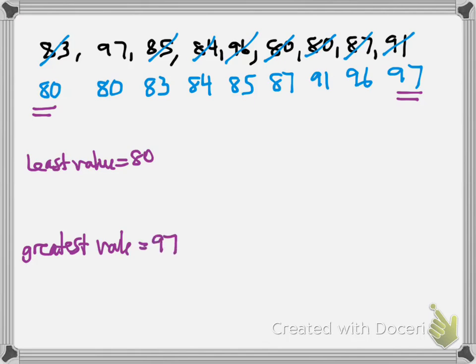Next, I'm going to find the median of the data. So how many numbers do I have? 1, 2, 3, 4, 5, 6, 7, 8, 9. Oh, 9. Not too good counting, come on. So the number that would be in the middle would be 85. Odd number. Yeah, when there's an odd number of data, then your median is a physical number in the middle.